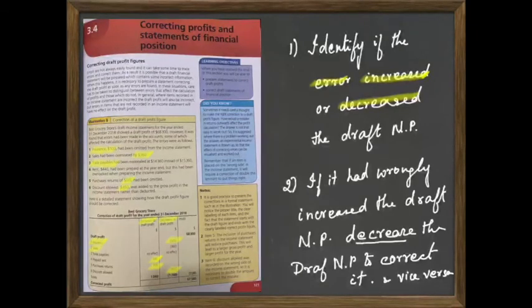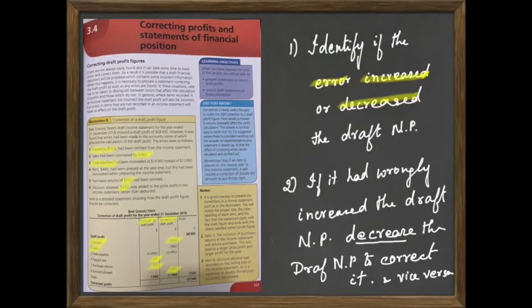In the end, when you add all the items in the decreased net profit column, you get 1,760. When you add all the items in the increased column, you get 1,040. 1,760 minus 1,040, you get a negative 720.